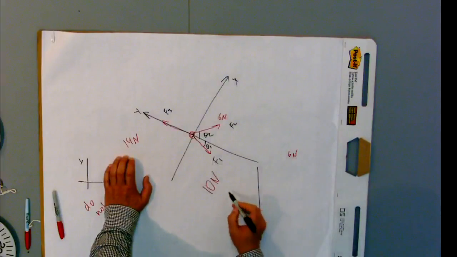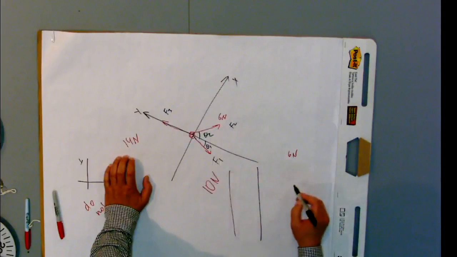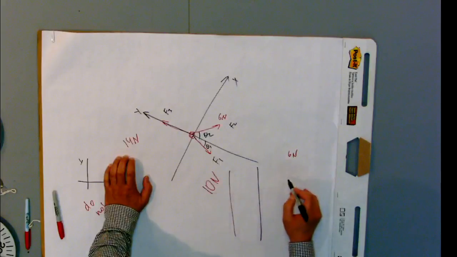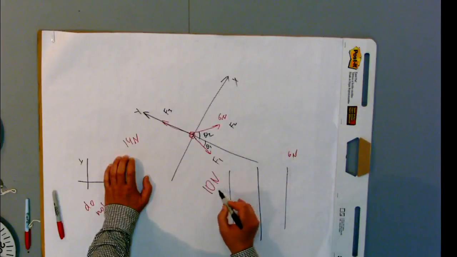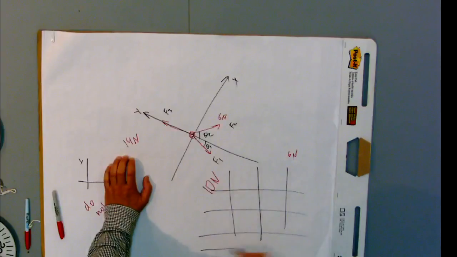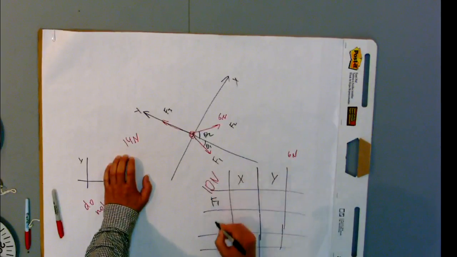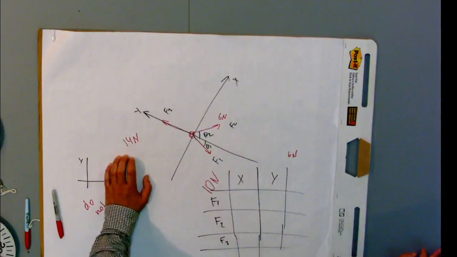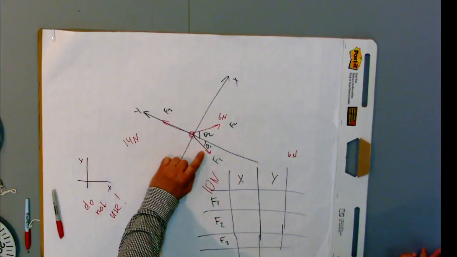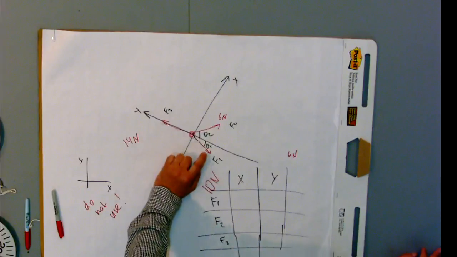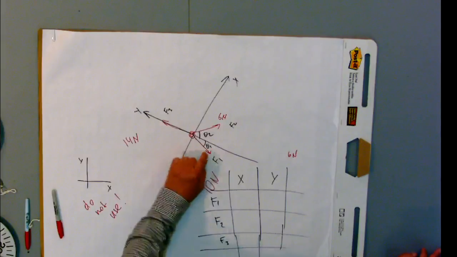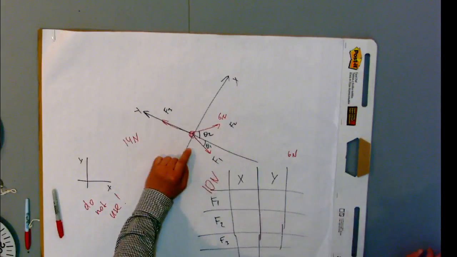Now we can write x and y components for each force. For example, F1y: positive or negative? Negative, because it points opposite to the axis.